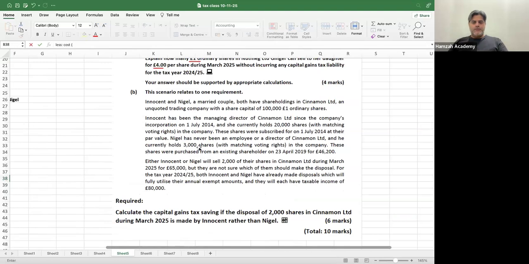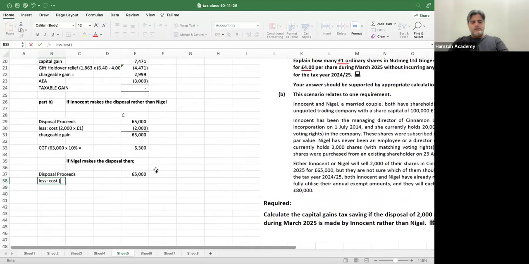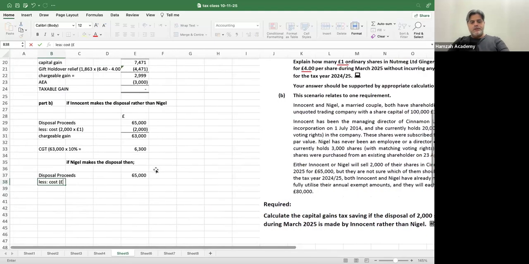These shares were purchased from an existing shareholder for 46,200. Now, if he makes a sale of 2,000 shares, total value divided by 3,000, and then multiplied by 2,000, we get 30,800.